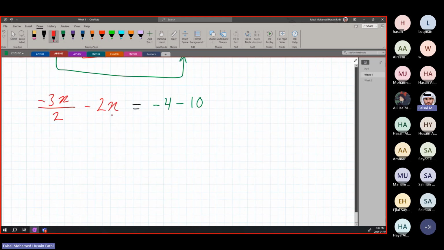Now, هني لو تلاحظون عندكم fractions, okay? Since you guys have a calculator allowed in the exam, I would recommend just typing this fraction into the calculator directly. So you'll put minus 3 over 2, minus 2, and find the answer. It is going to give you minus 7 over 2x. And then you're just going to put equals. Minus 4 minus 10 is minus 14. تمام?